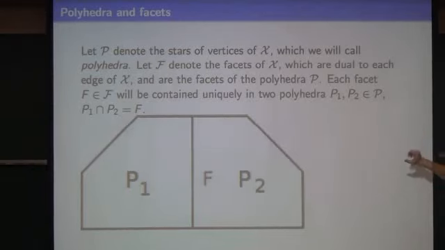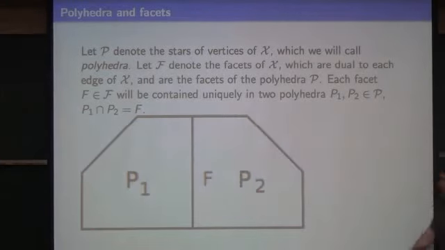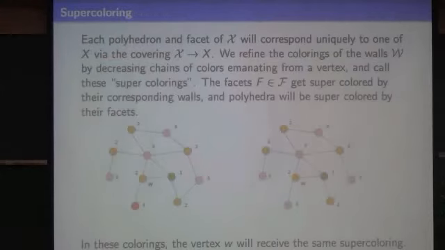And each of these are sort of dual to one of the edges of the cubulation of X, but I'm sort of suppressing that here. And then each face will be contained uniquely in two different polyhedra. So here I guess I draw pentagons, but over there they're hexagons. And there's a unique polyhedron and facet, up to this covering translation.